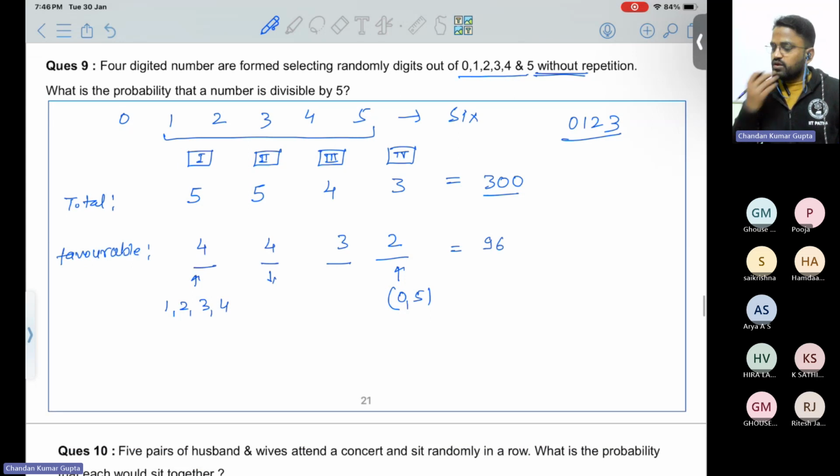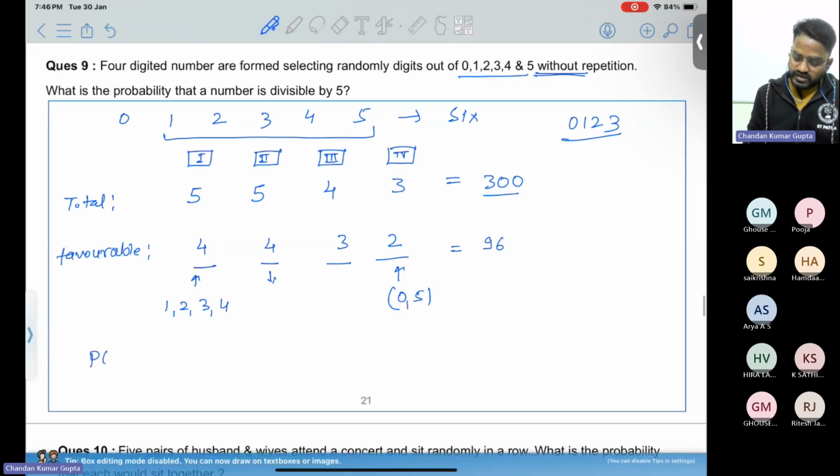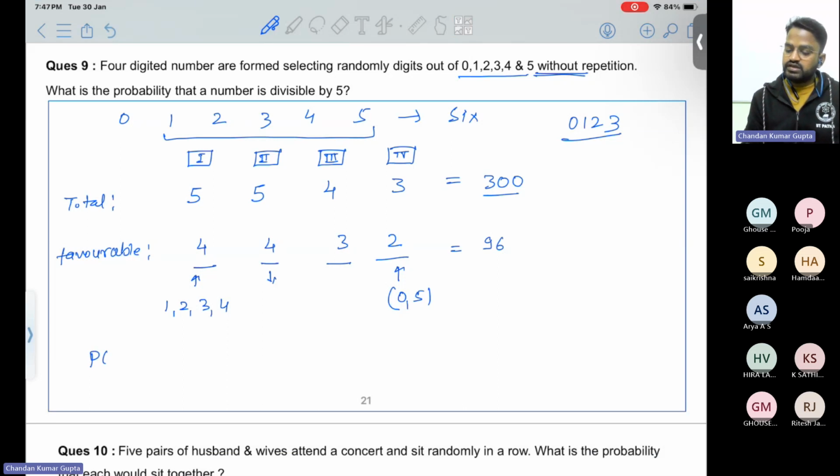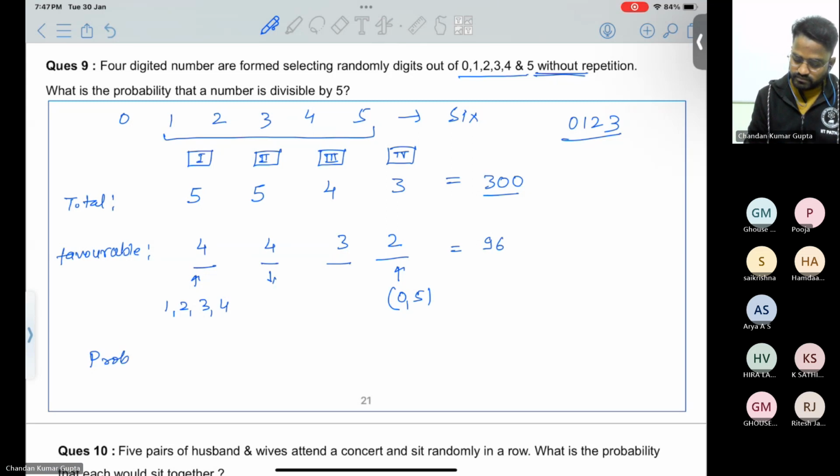Okay. Now the probability that a 4-digit number formed by selecting randomly out of these is what? It's 96 by 300.